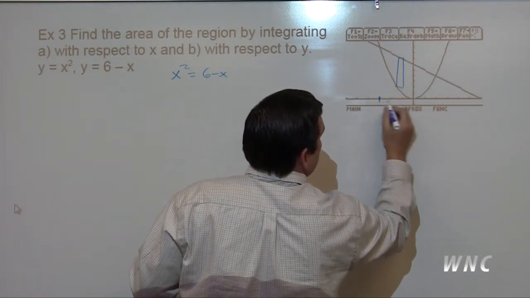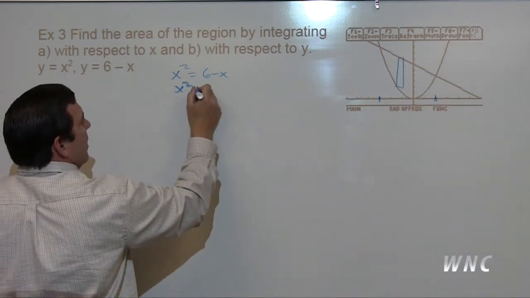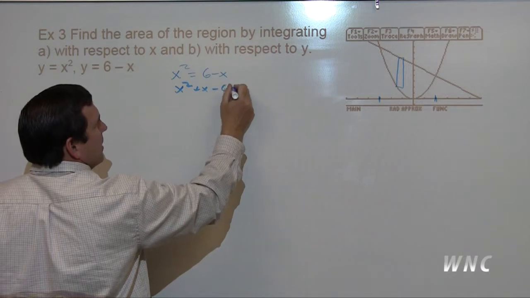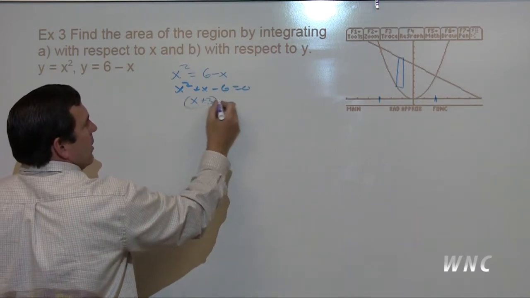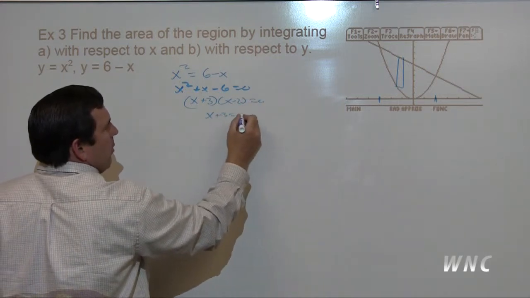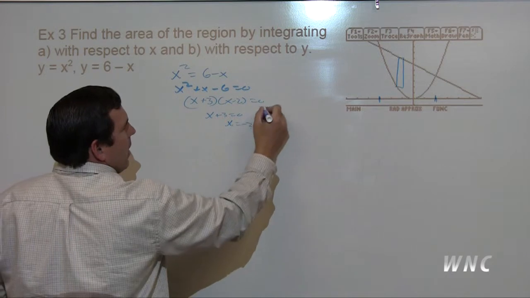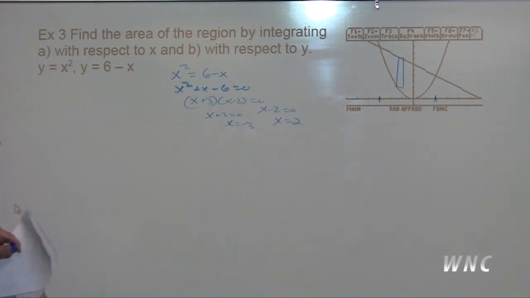Let's find out. That means x squared plus x minus 6 equals 0. So that means x plus 3 times x minus 2 equals 0. That means x plus 3 is 0, x equals negative 3, x minus 2 is 0, x equals 2. So those were indeed very good guesses there.